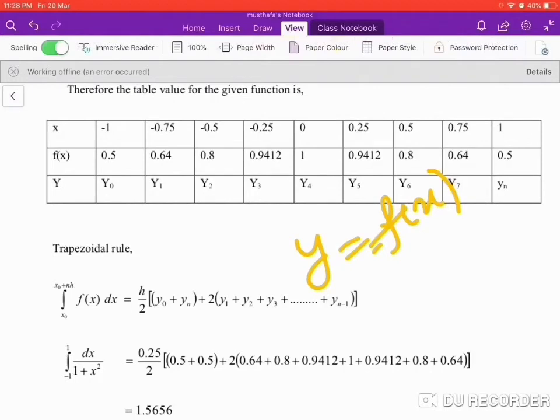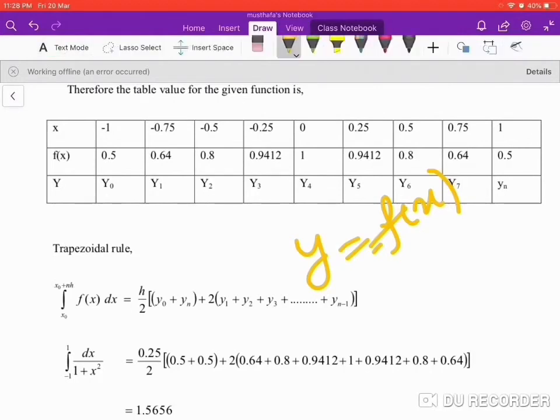So we take the first value of f of x as the initial value, which is y0, and the second one y1, and similarly the successive values are denoted as y2, y3, y4, y5, etc. The final value is y8.